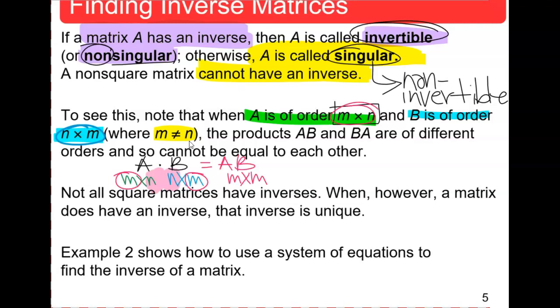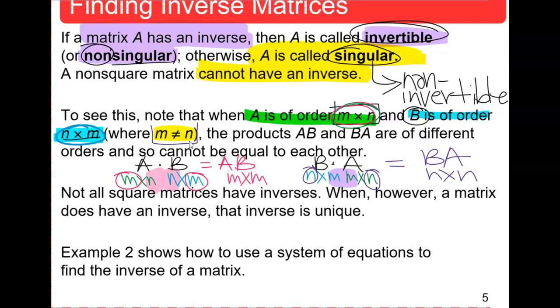Now, if we verify the other direction, B times A, matrix B is of order n by m, and matrix A is of order m by n. Again, the product is possible, and the dimensions of the product BA will be n by n.